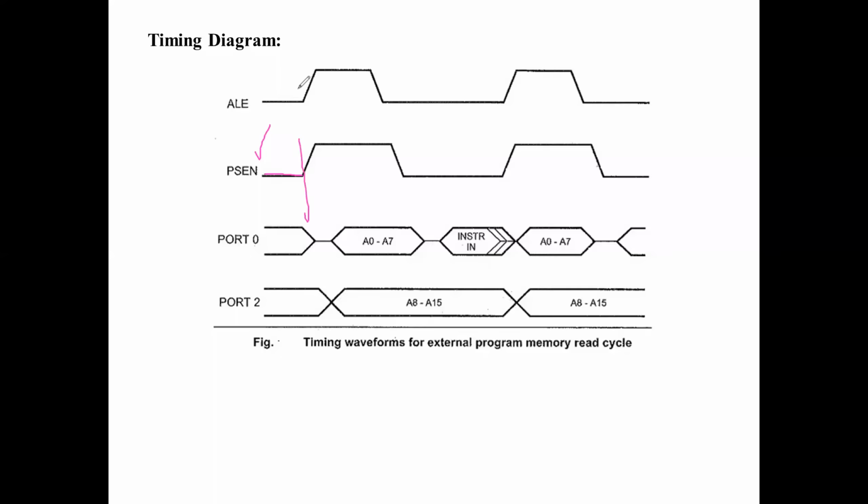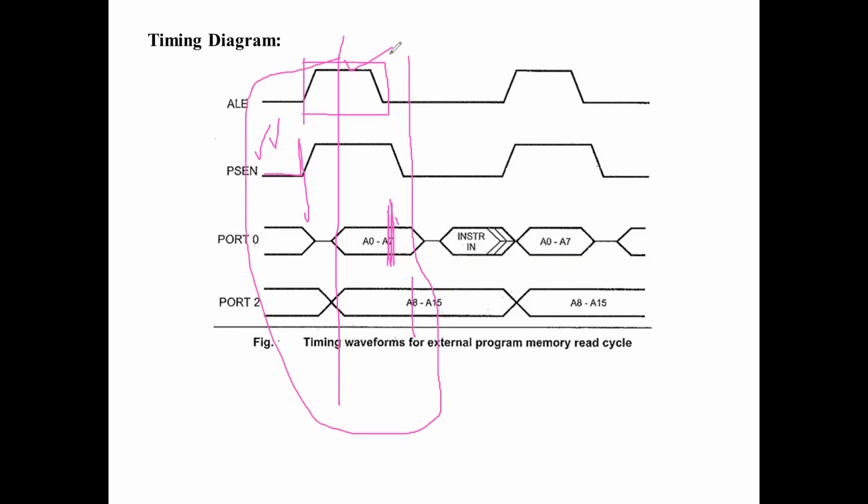Once it is low, the ALE signal is set at this point, so that this particular address is put on the bus lines. Now in port 2, you will be providing A8 to A15. Once this is given, if it is a program memory, it will automatically fetch the instruction.